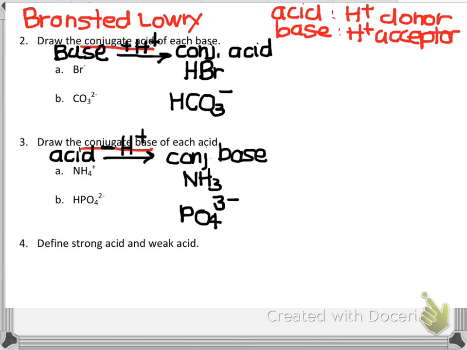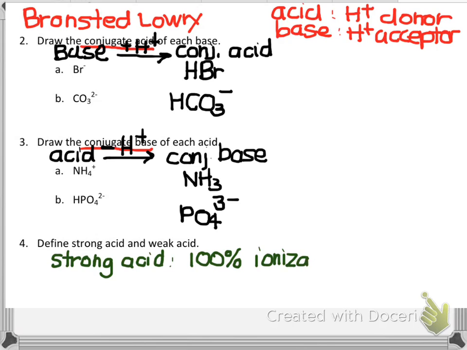Now question 4 wants us to define strong and weak acids. And so a strong acid is any acid, and it actually would also be for bases, but a strong acid ionizes or dissociates 100%, which means it goes completely to make products.